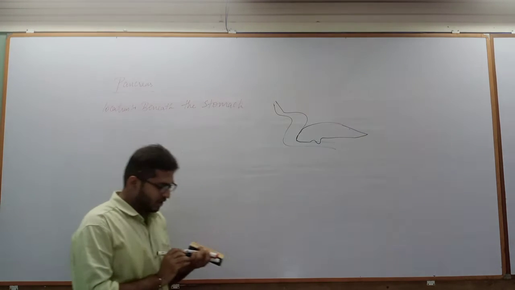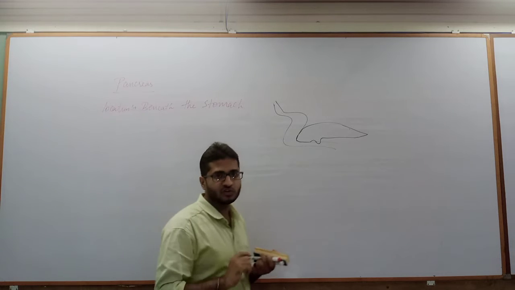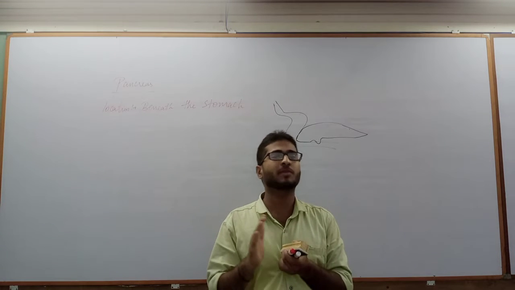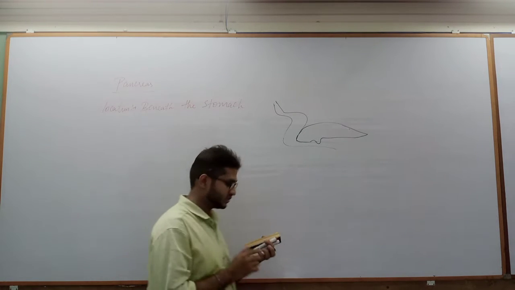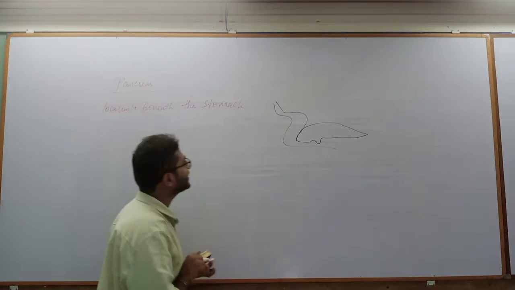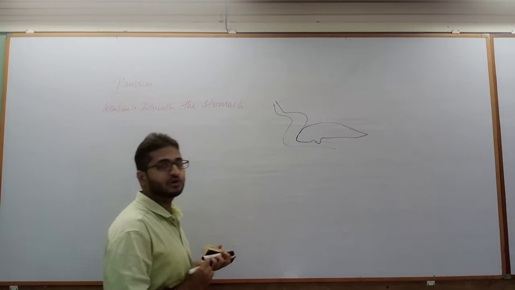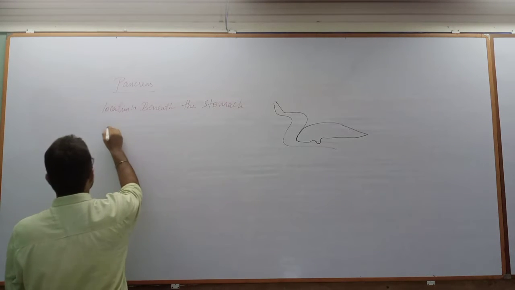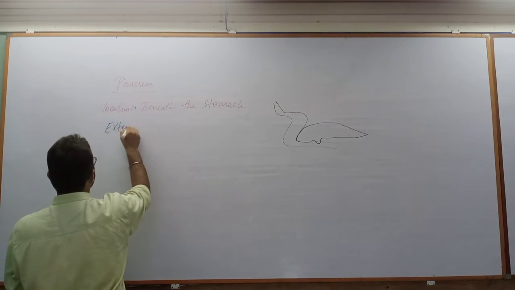Now we will mainly be discussing the external as well as internal parts of the pancreas and their structures and associated functions also. So externally, the pancreas is made up of 4 different parts. First we will study the external structure.